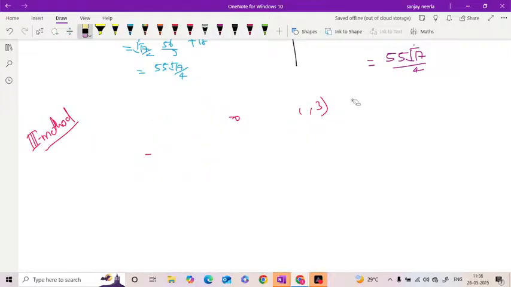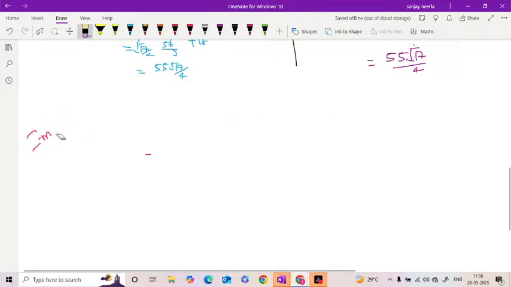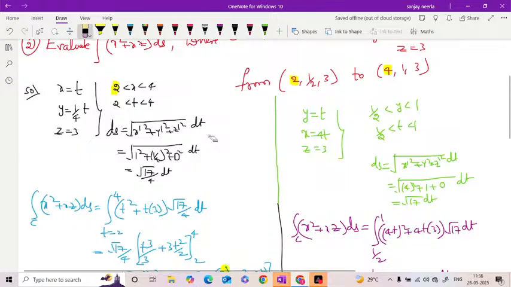This is the third method, but 2 methods are enough for this problem. Finally you can choose x is equal to t or y is equal to t. If x is equal to t, our limits are 2 to 4. If y is equal to t, our limits are 1 by 2 to 1. So these are the 2 methods.